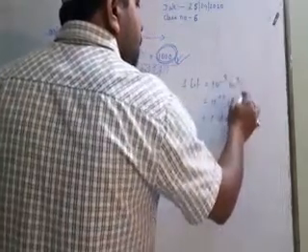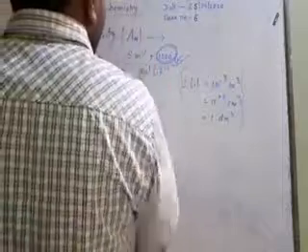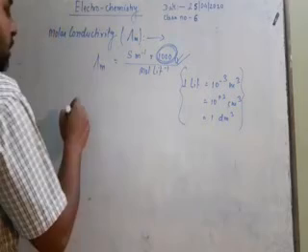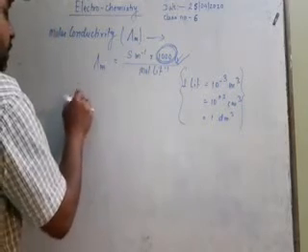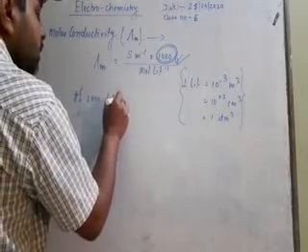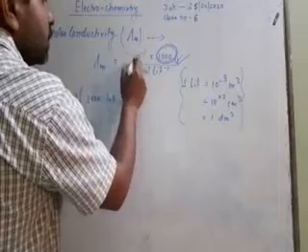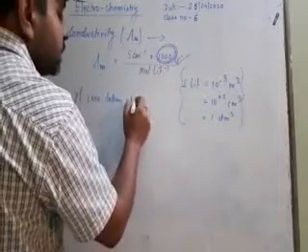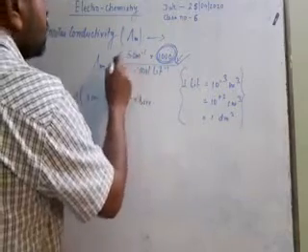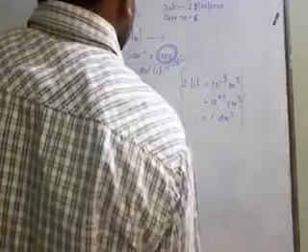This conversion helps to calculate the unit of molar conductivity. If 1000 is taken at the numerator side above, then students, the unit of conductivity must be Siemens centimeter inverse.